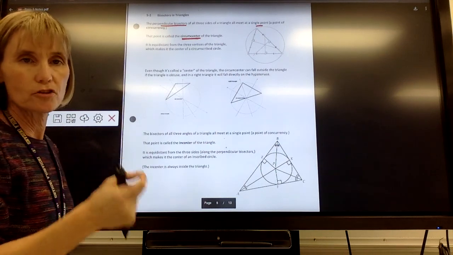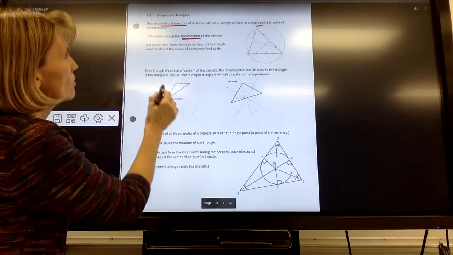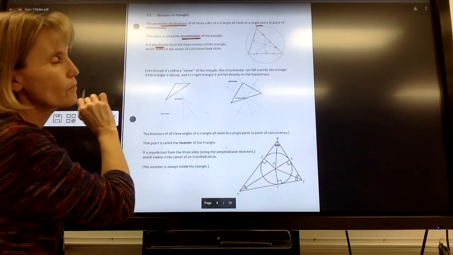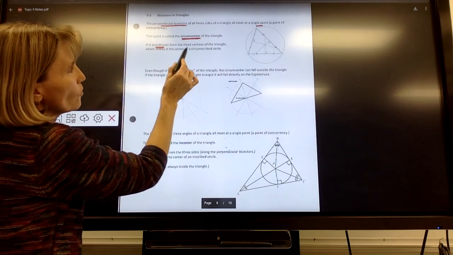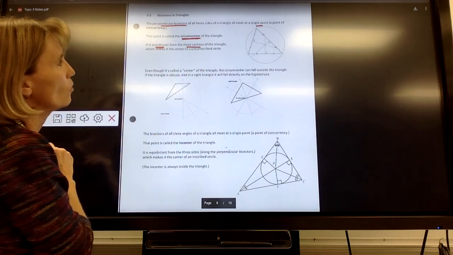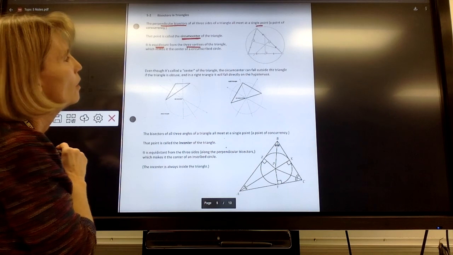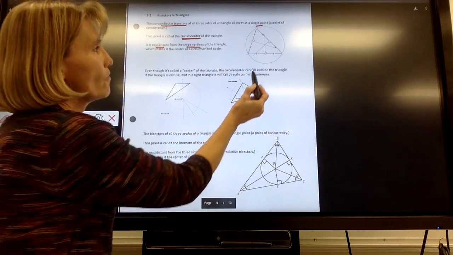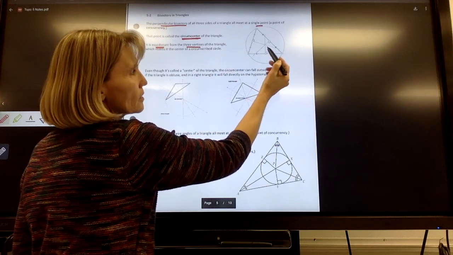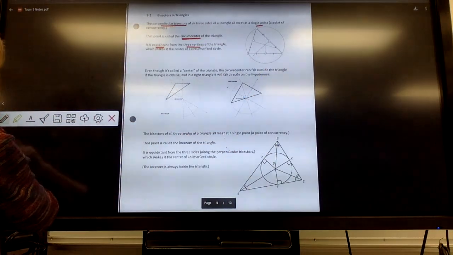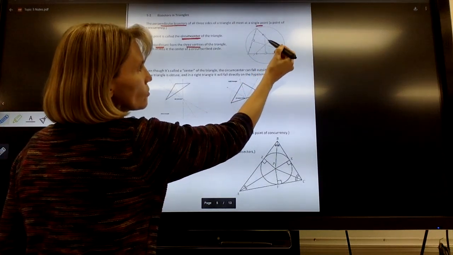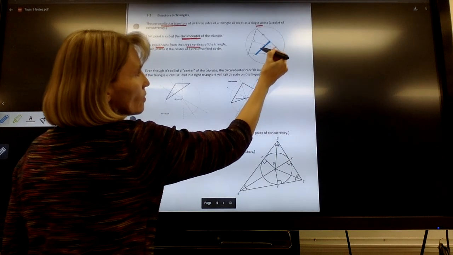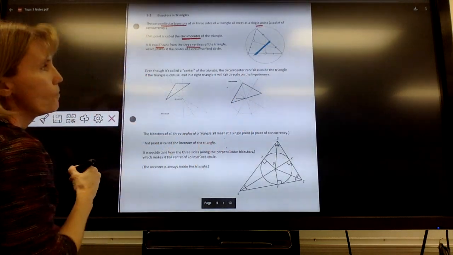What's neat about the circumcenter, what's unique about it, is that the circumcenter is equidistant, which means equal distance. So the circumcenter is equal distance from the three vertices of the triangle, which makes it the center of a circumscribed circle. What that means is if I were to construct perpendicular bisectors, which I'll do in blue, this line right here is a perpendicular bisector for this side of the triangle.